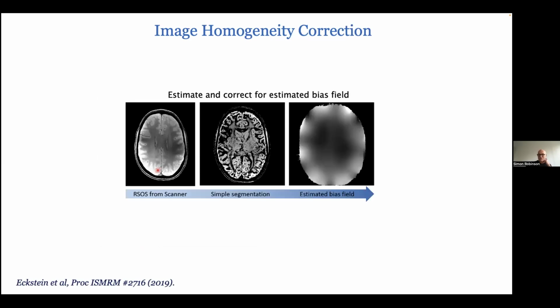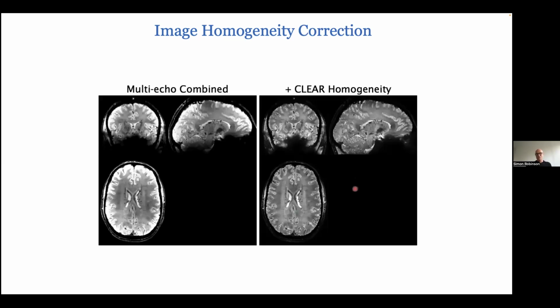So we developed a quite simple heuristic method for doing that, or at least Korbinian Eckstein did, by dividing the brain into boxes, and then doing a simple segmentation based on the median value, and then interpolating and smoothing between those values which are identified as belonging roughly to the same tissue class to give us an estimate of the bias field. And if you smooth that and subtract it from your original data, it turns out to do a really nice job of generating a homogeneous magnitude image.